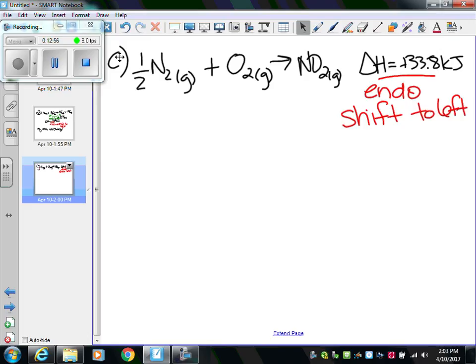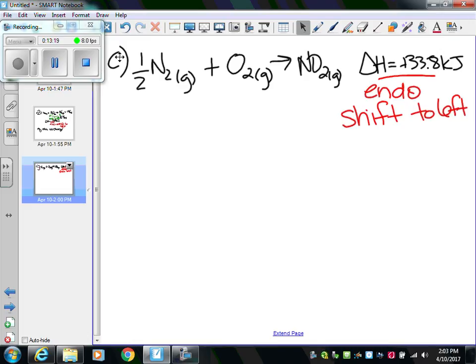Most likely in this case, you're going to lose heat, because you've added it in, but that's it. So we're going to lose heat, which is decreasing temperature. And write down which one I went to then.